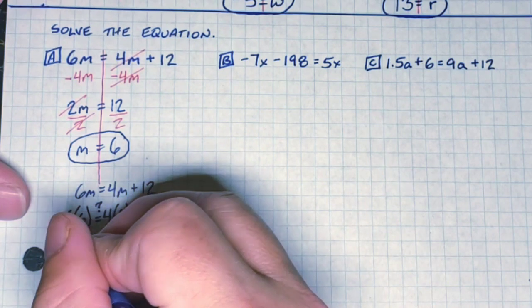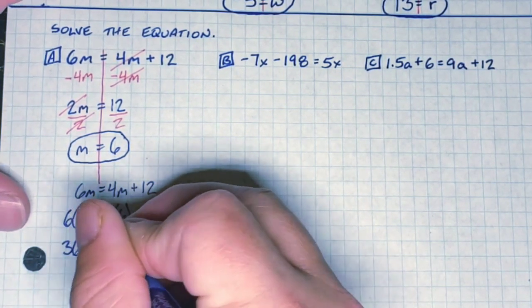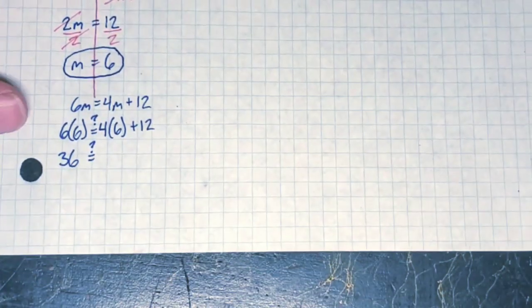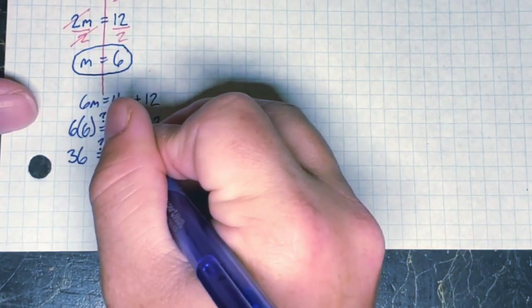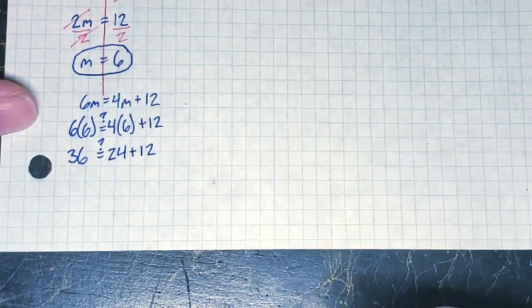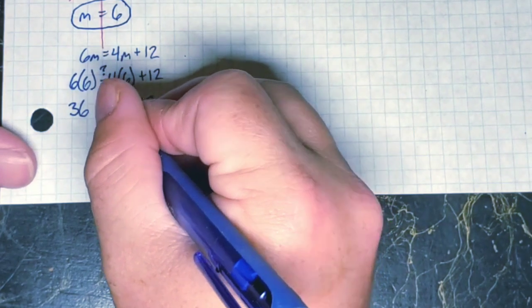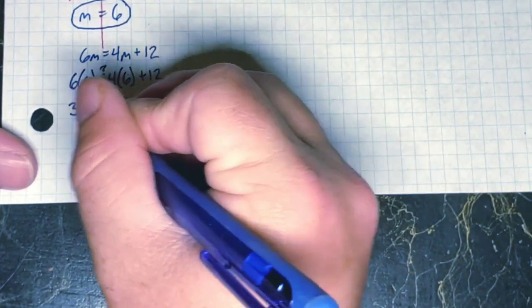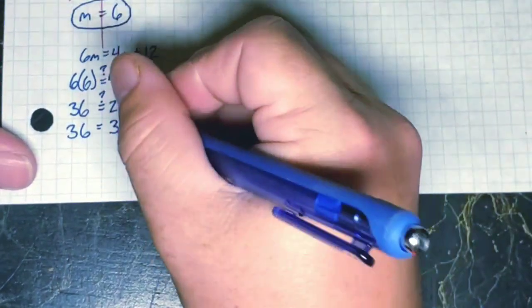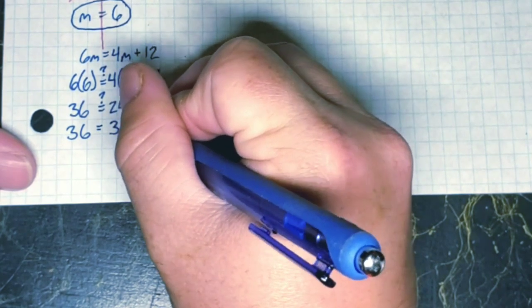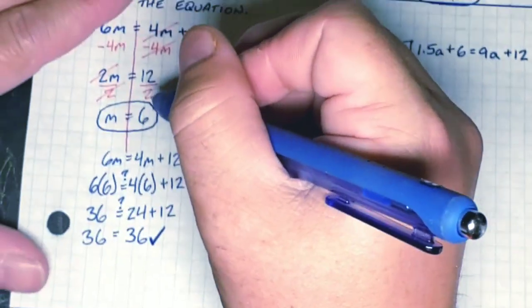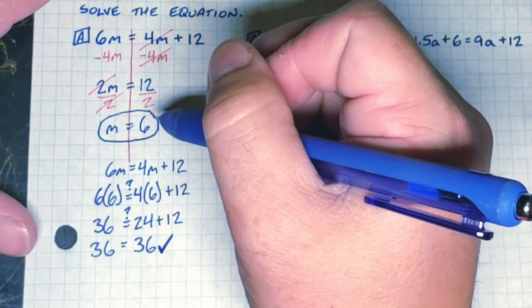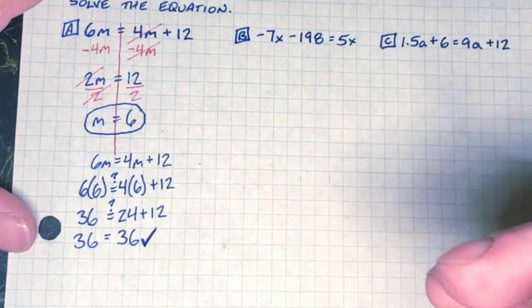Well, 6 times 6 is 36. Does that equal 4 times 6 is 24 plus 12? And 24 plus 12 is 36. So both sides were the same thing, which means that our answer, m equals 6, was correct.